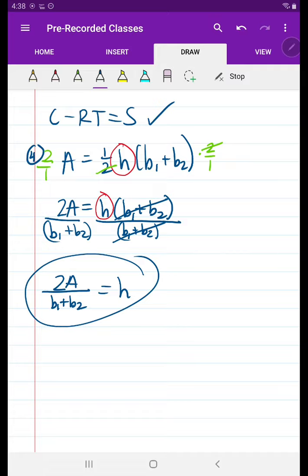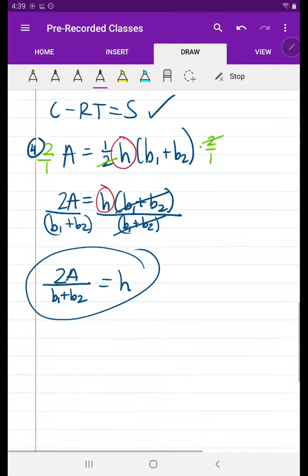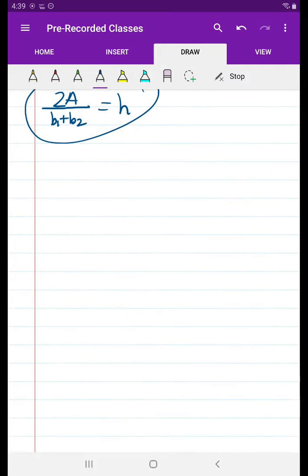All right, going on to number 5. For number 5, we have PV equals nRT, and in this problem, we're solving for T. This problem is really nice because T is only locked up in multiplication, and the easy way to undo multiplication is just with division.